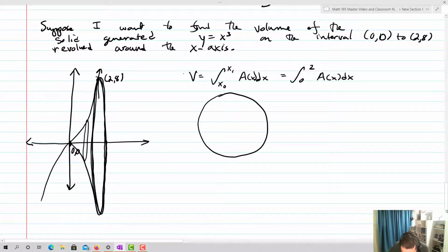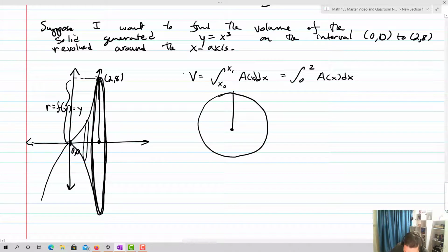And here's my radius, right there. That's the radius of the disk. And if I want to know how big that r is, r is equal to f(x), my function, or my y value. And it's going to change.